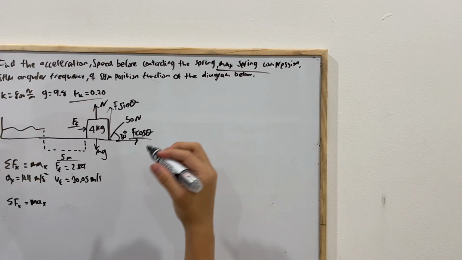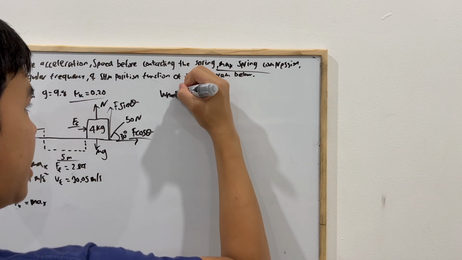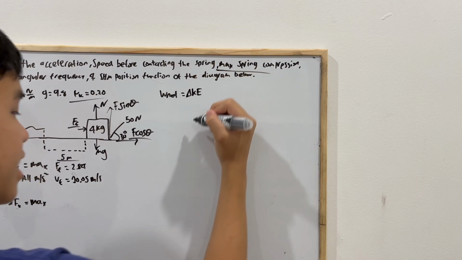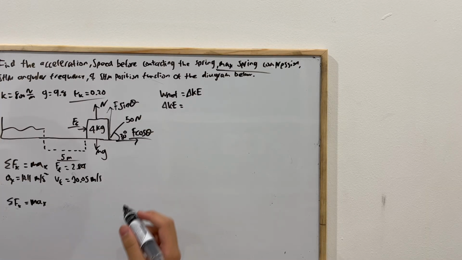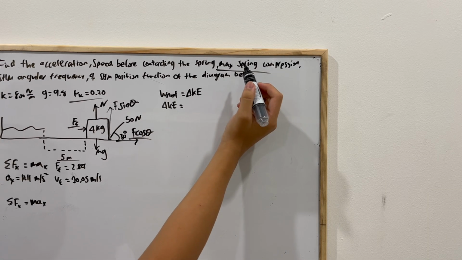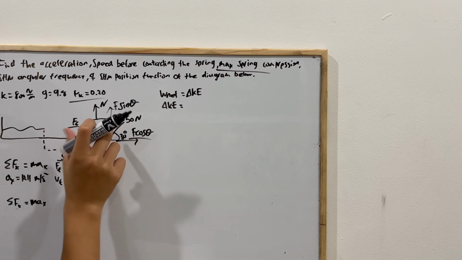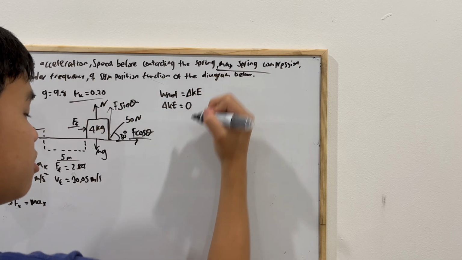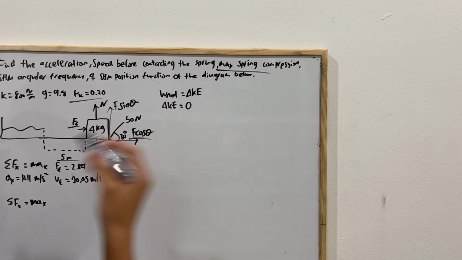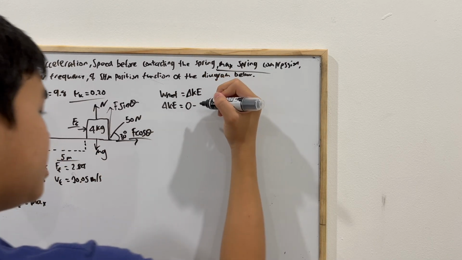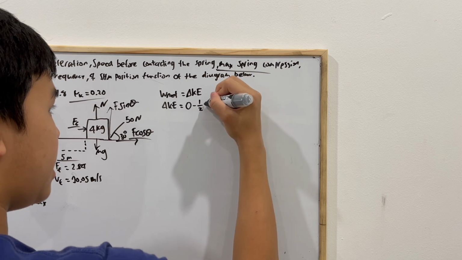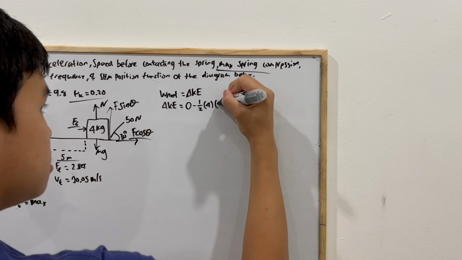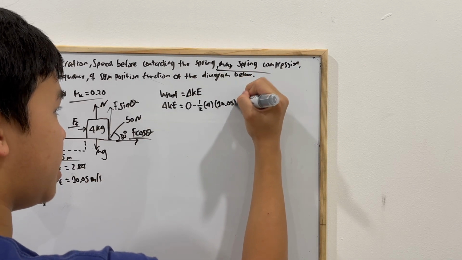To find the max spring compression, we have to use the work-energy theorem, which says that the net work equals the change in kinetic energy. What change in kinetic energy do we have? Our final kinetic energy is where it's max compressed, where this box is not moving at all because it's compressing the spring at its maximum point. So the kinetic energy there is 0 because its velocity is 0, minus the initial kinetic energy, which is 1/2 times 4 times 10.05 squared.